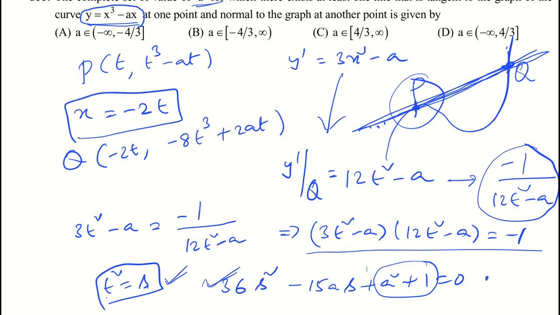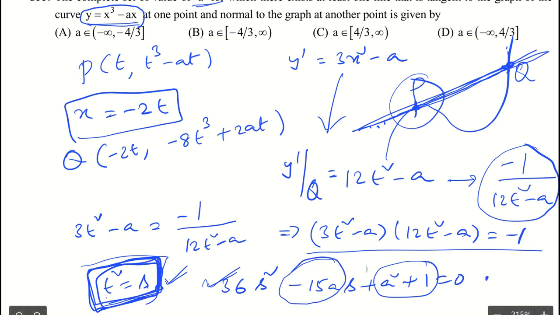Now as I am looking for a positive value so that there can be such a t square, I want, as both the roots have the same sign, I want both the roots to be positive. That means I want sum of the roots, that is 15a by 36 to be positive, which is possible when a is greater than 0. And also to have real roots, I want its discriminant to be greater than or equal to 0.